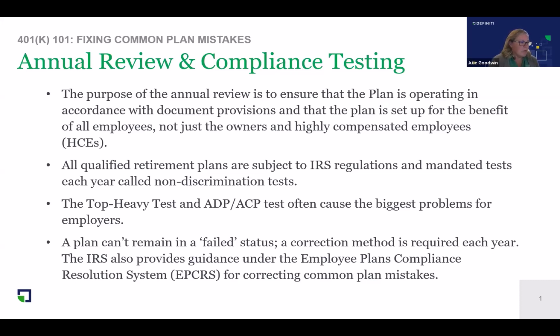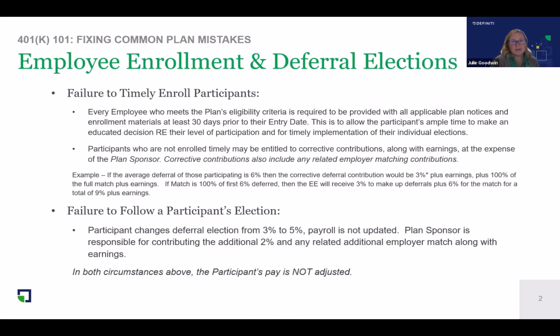So we're going to go right into the first group of them: employee enrollment and deferral elections. Almost all of your common mistakes fall under these top 5 items. The very first one is failure to timely enroll your participants.